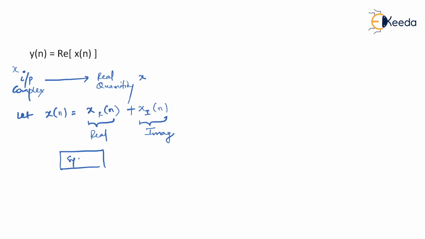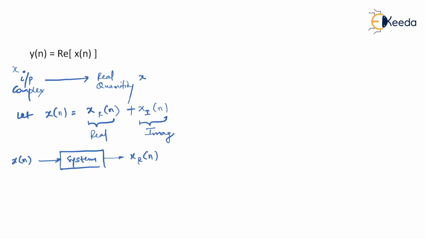So what that system does, let's say you have applied input as x of n, which is a complex input, consists of a real part and imaginary part. Output will be simply xr of n. So it takes a whole complex signal x of n, but then it retrieves only the real part out of it and gives you as output.